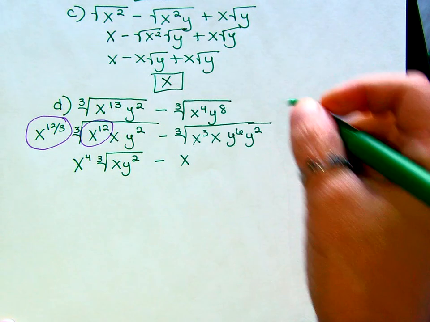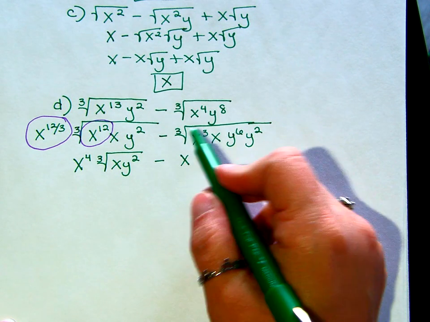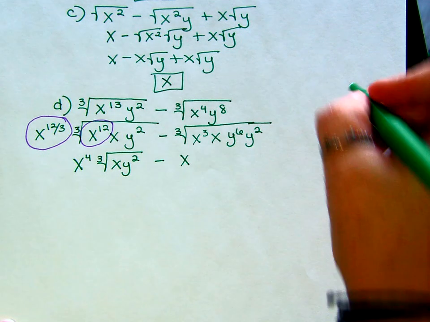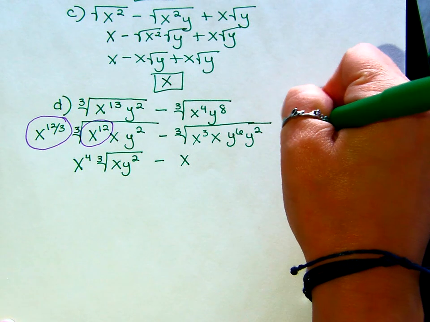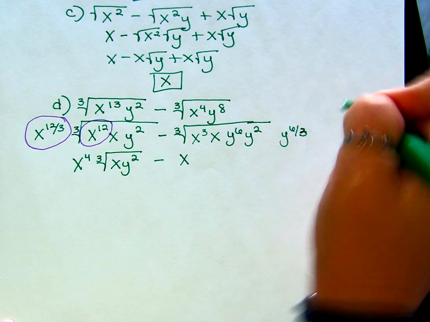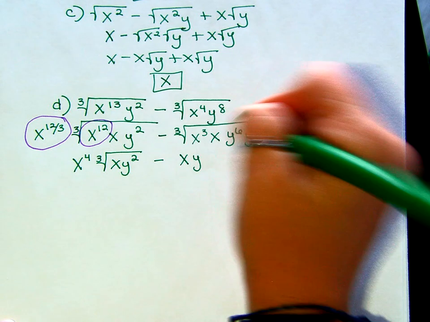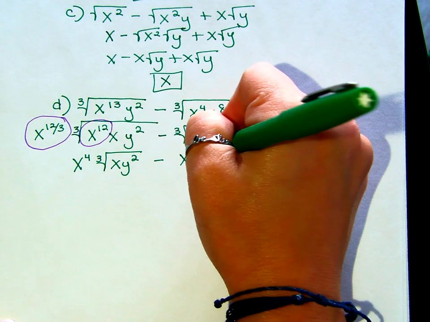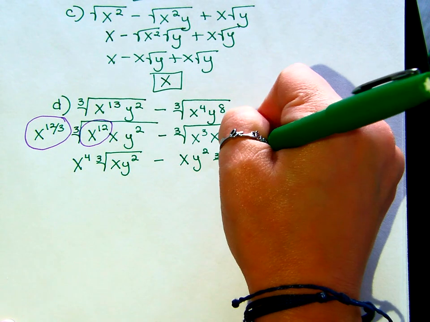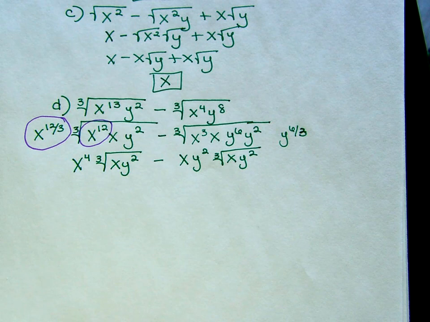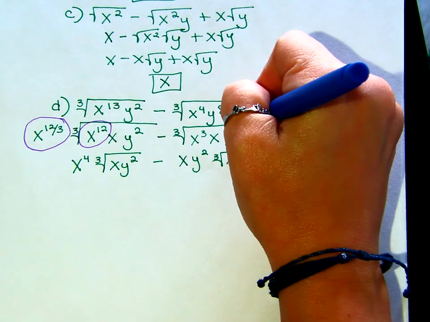Y to the 6th being cube rooted, remember, that's the same as y to the 6th divided by 3 because we're doing the cube root, so it gives me y squared. And that leaves me with the cube root of x y squared. So this part right here becomes that part.